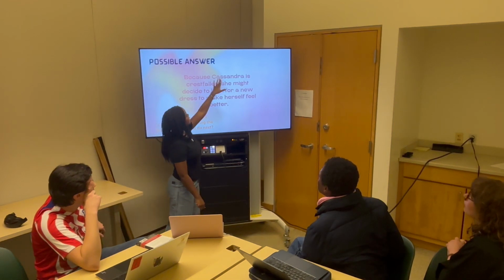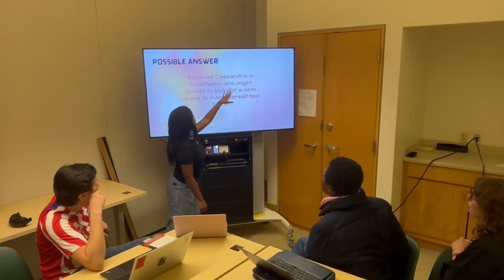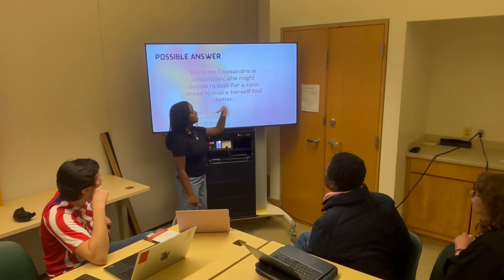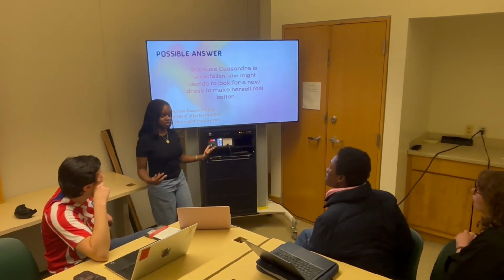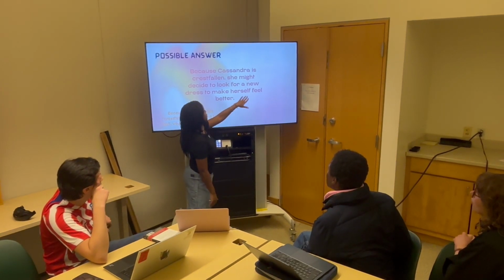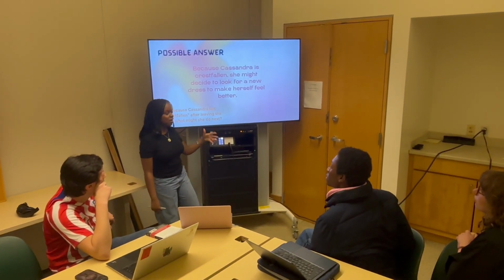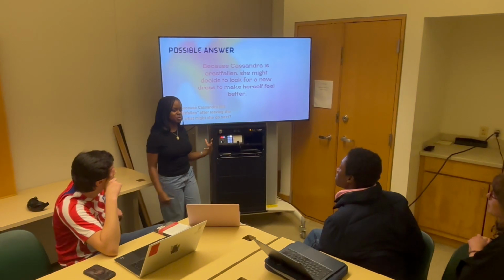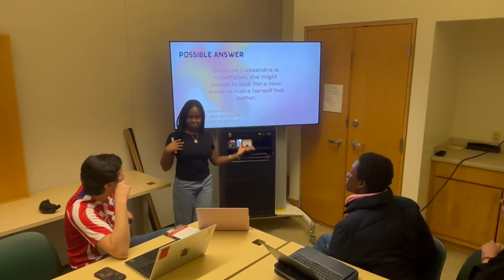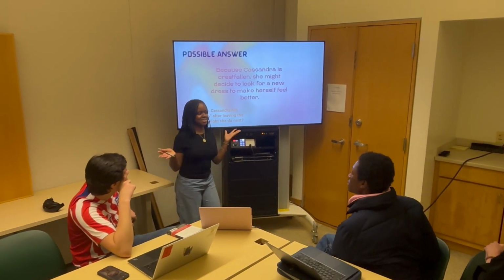So because Cassandra is crestfallen, she might decide to look for a new dress to make herself feel better. This addresses that you as a reader understand what the word crestfallen means because we know that Cassandra needs to feel better. And our answer is in context with the passage because she's going to be looking for a new dress. All right, does everybody have that? Excellent, great job, guys.